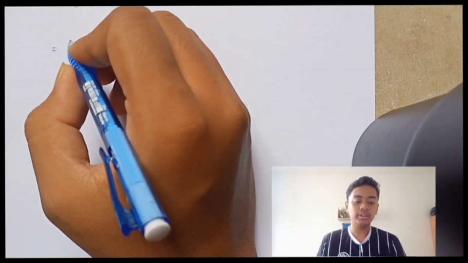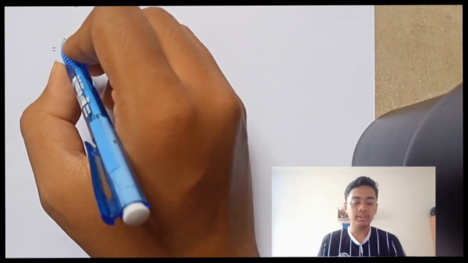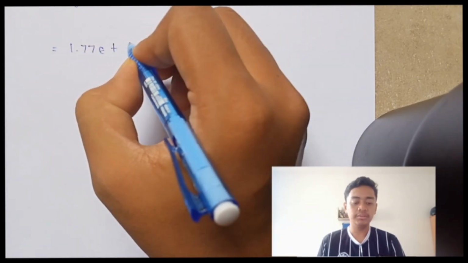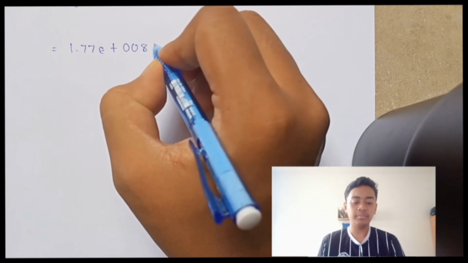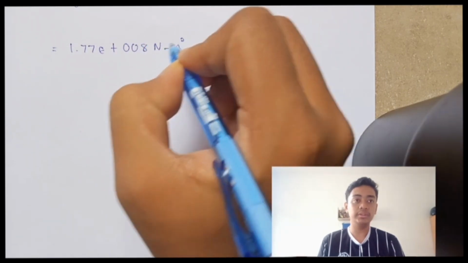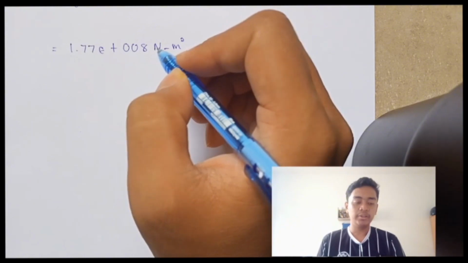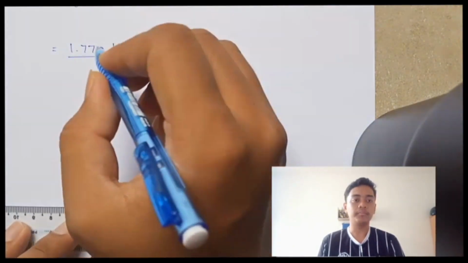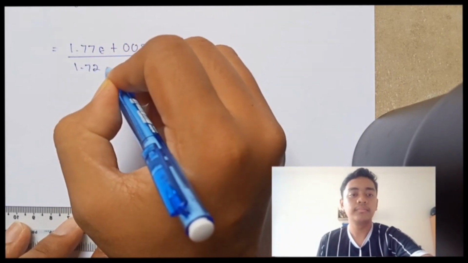Next, for the material aluminium, the calculation is 1.77 exponent 008 Newton per meter squared divided by 1.72 exponent 011. The answer is 0.00103.